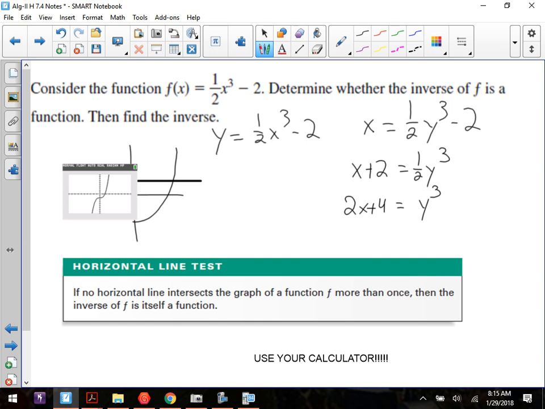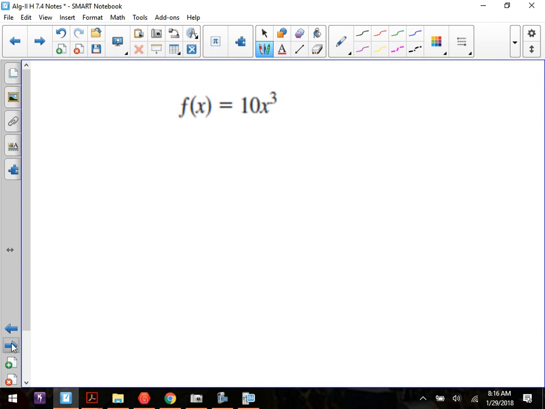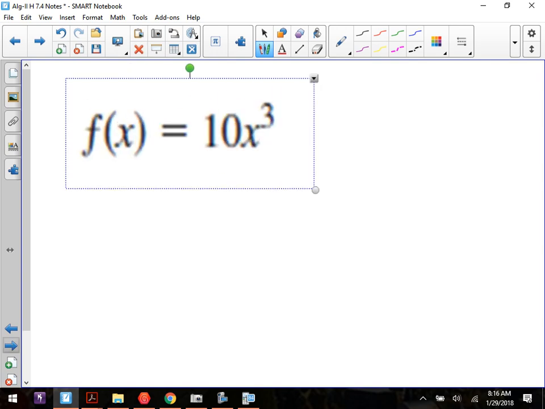And then how do you undo cubing? You cube. Will this inverse be a function?